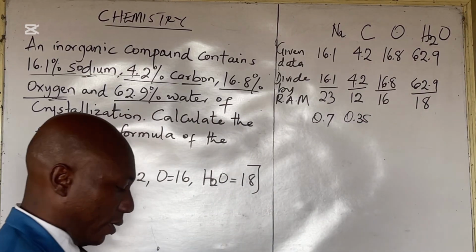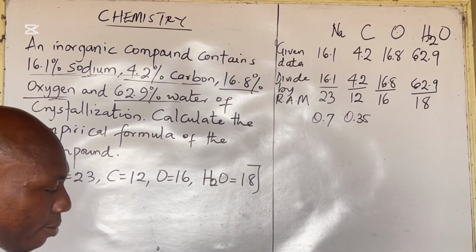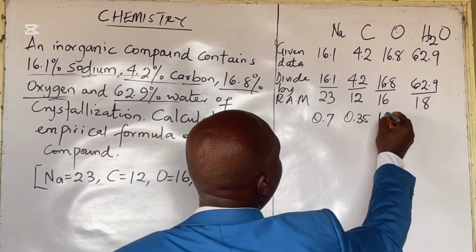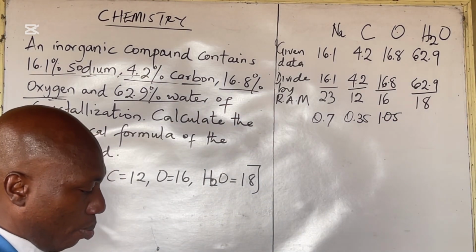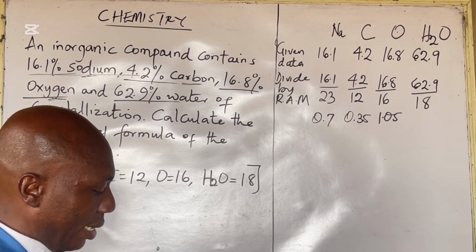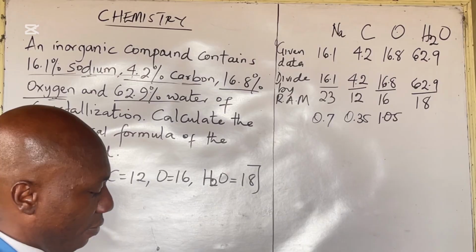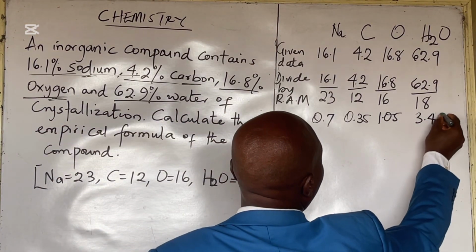And the next one, 16.8 divided by 16, that's 1.05. And the last one, 62.9 divided by 18, we have 3.49.